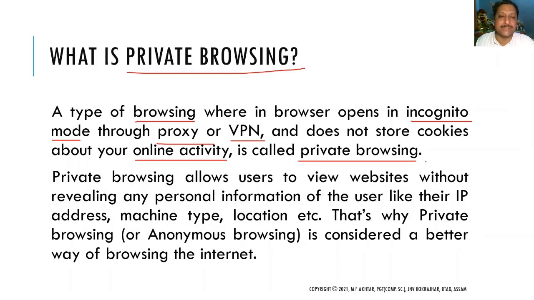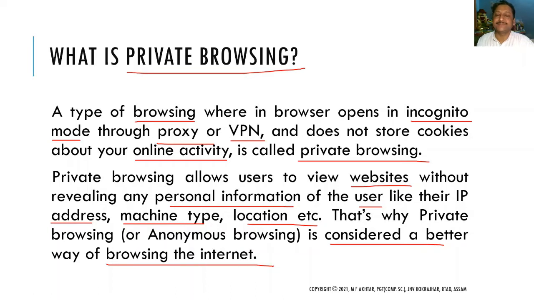Private browsing allows users to view websites without revealing personal information like their IP address, machine type, location, etc. That is why private browsing, anonymous browsing, incognito browsing is considered a better way of browsing the internet. Private browsing hides almost everything: your personal information, your IP address, your machine type, your location.